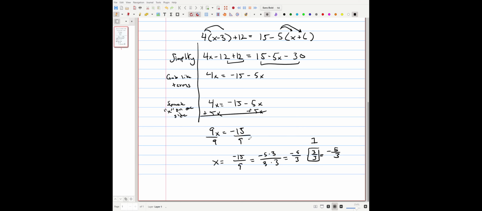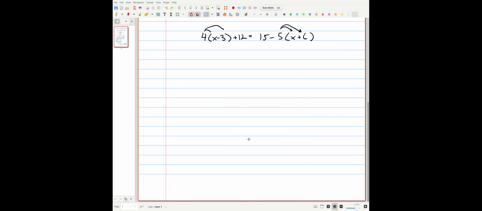And okay, well, let's try and check our work, see if this is the actual answer. Well, apparently we thought x is equal to negative 5/3 is the answer. So we can plug that in for x and check.